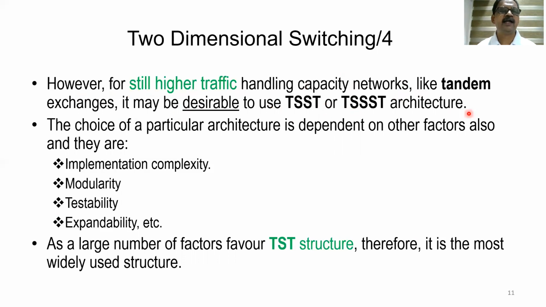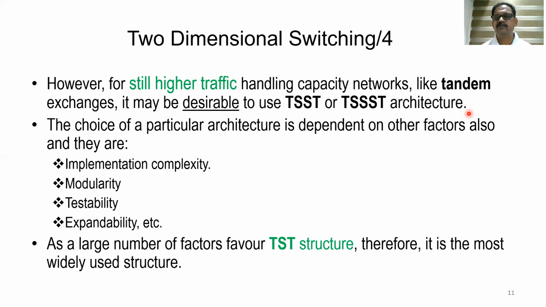So in the case of tandem exchanges, which have to handle very high traffic, perhaps TST may not be sufficient to handle that much capacity. So we use an architecture like TSST. That means at the input you have a time stage, and the output is also a time stage.